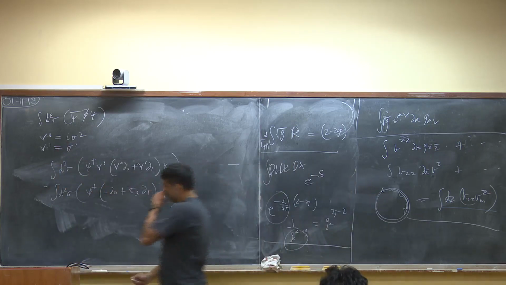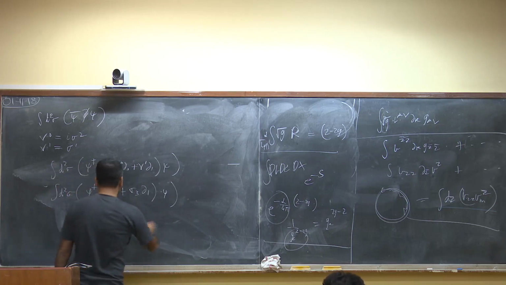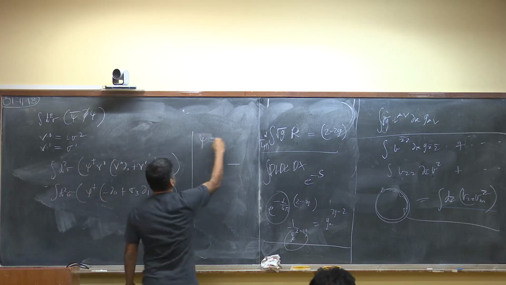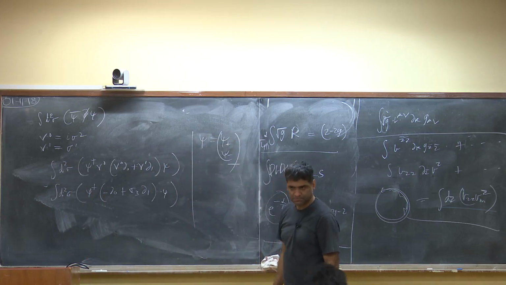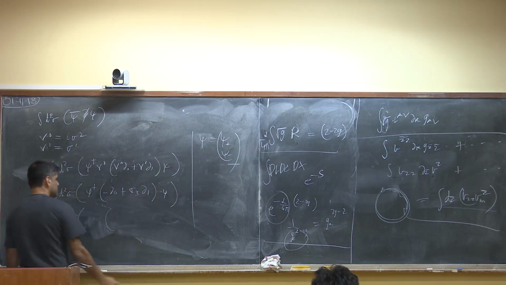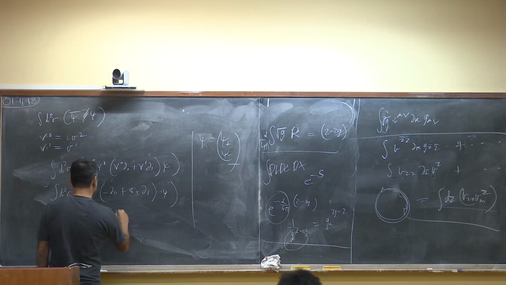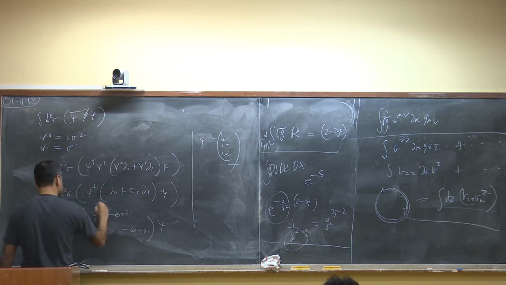Okay, and now we just open this out. We'll write psi, which was a 2 column, as psi plus, psi minus. So this becomes the integral d2 sigma, and this quantity is minus del 0 plus del 1, minus del 1, acting on psi dagger.